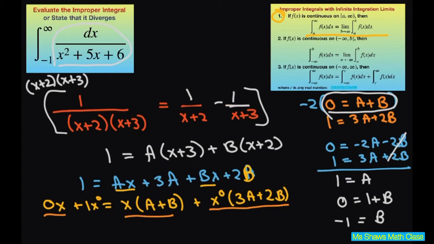So from there, this takes the longest part. We're going to go back to use our formula here and go ahead and evaluate the integral. So we're going to get the limit. We're using this formula here again. The limit as b approaches infinity.